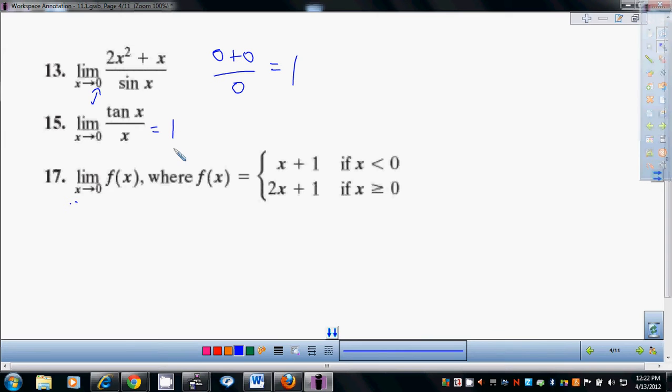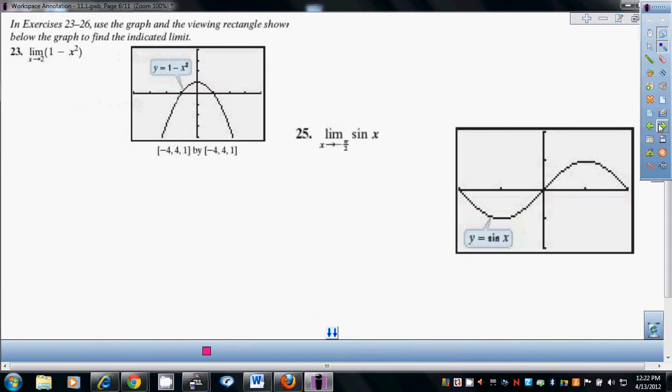Questions about how we got anything on that screen? Okay. Well, we've already done that. Here, you can either plug it in or you can just look at the graph. Who can tell me what 23 is going to be?